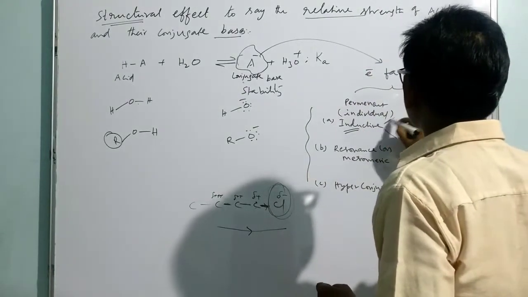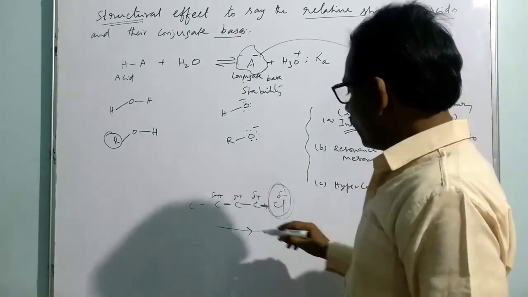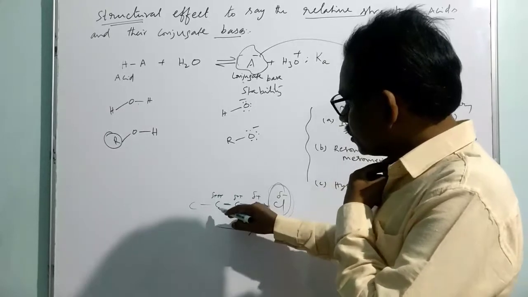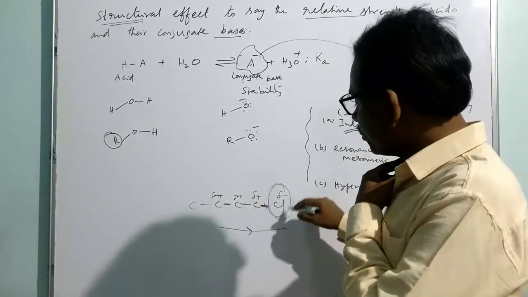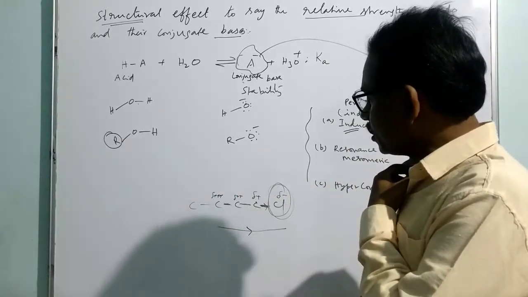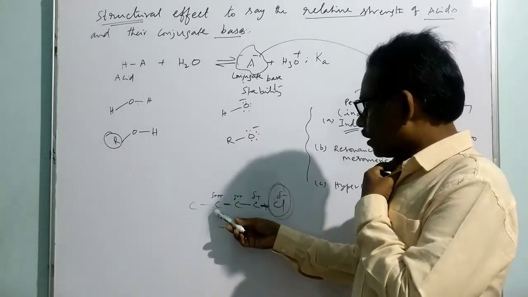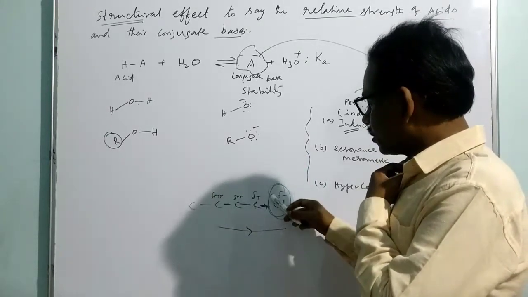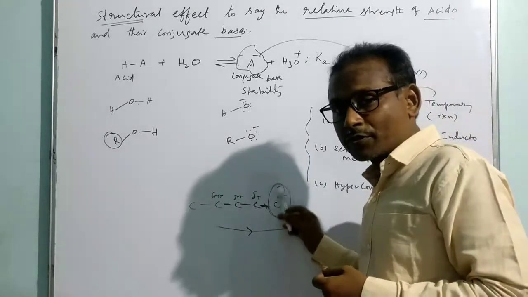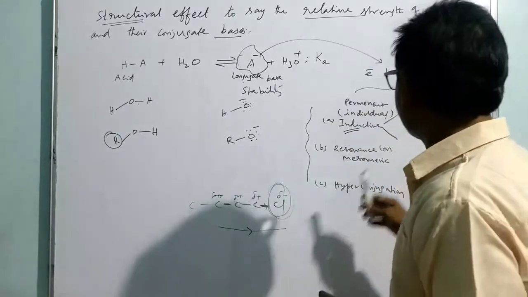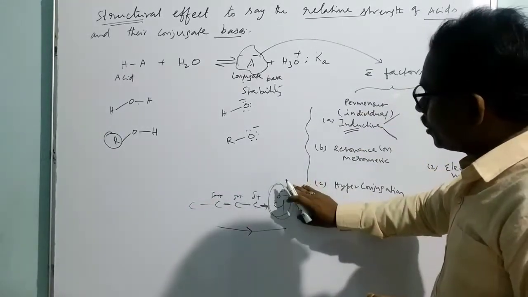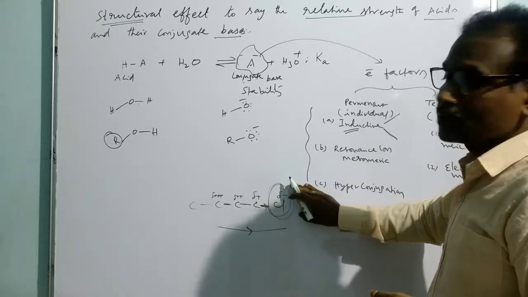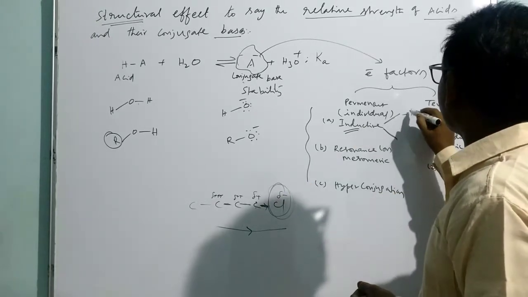So this inductive effect is normally considered, and there are two possibilities. When the movement of electrons takes place towards one particular group from the rest of the molecule, that means it is moving towards one particular atom, and it is because of an electron withdrawing group. When it is an electron withdrawing group, the effect is called the minus I effect.